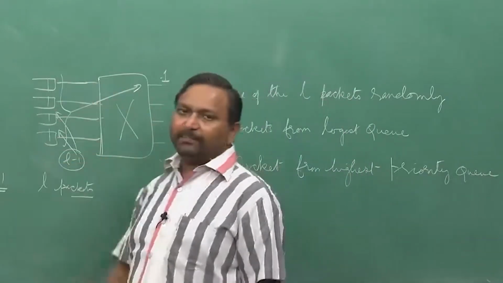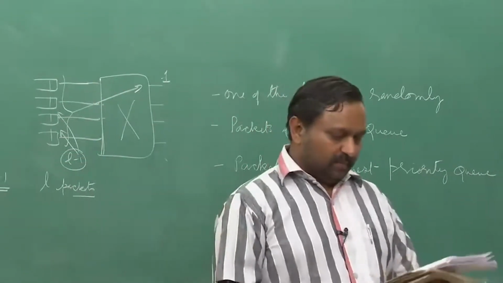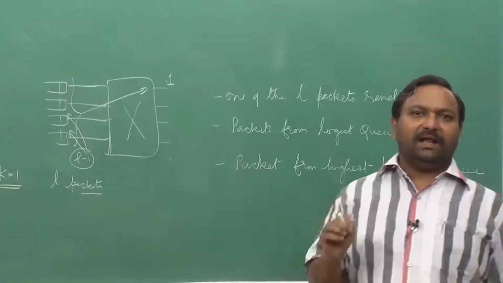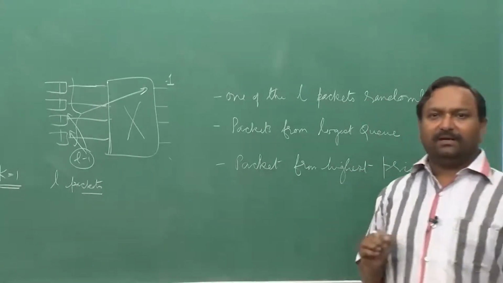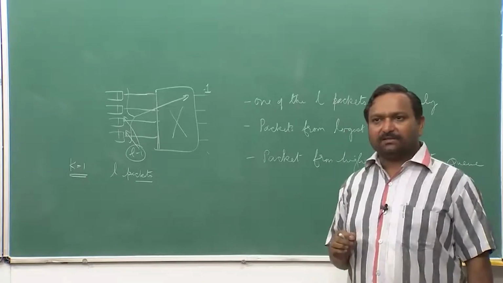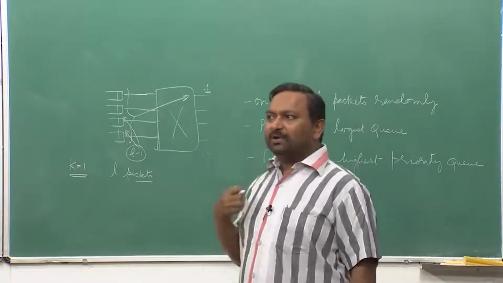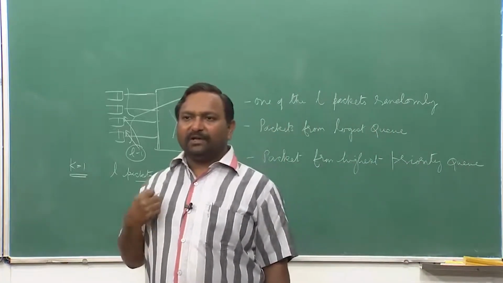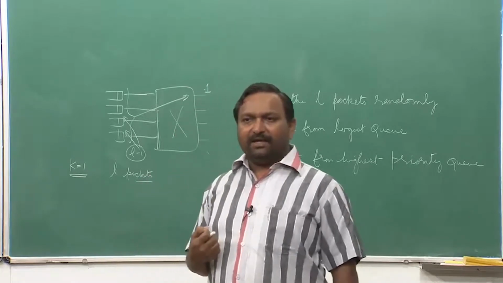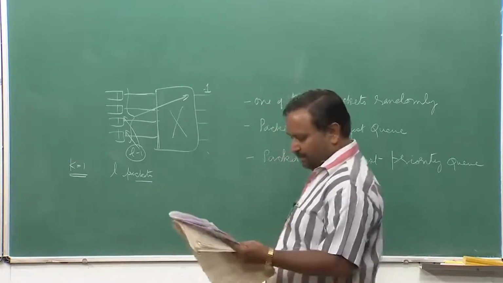So you can define the priority among the input ports. In fact, remember all these switches in real life, when we implement, we need to implement priority classes, because based on quality of service, I should give priority to certain packets and less priority to others, okay.